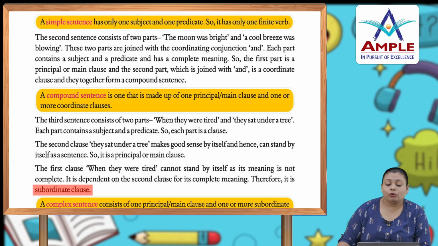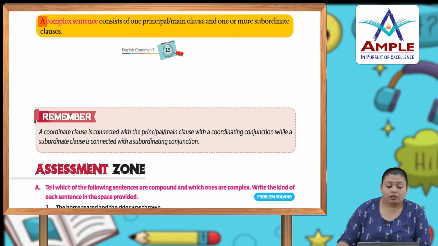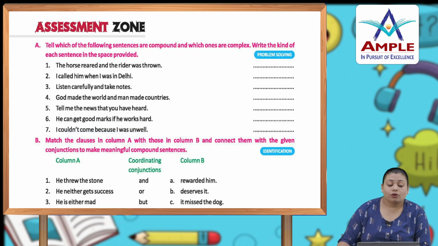Now a complex sentence consists of one principal main clause and one or more subordinate clauses. Remember, a coordinate clause is connected with the principal main clause with a coordinating conjunction, while a subordinate clause is connected with a subordinating conjunction.